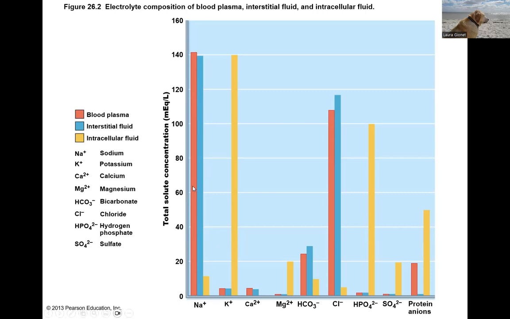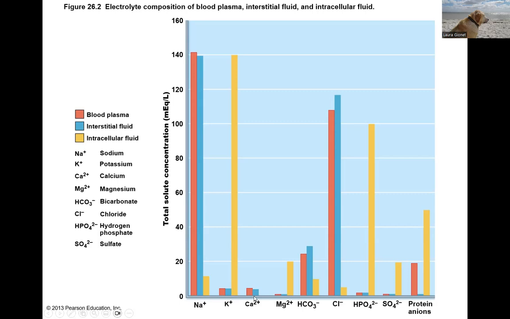So here, looking at sodium, it's very low inside the cell in gold, so you would expect the levels in the blue and red regions outside the cell to be very high. Potassium is going to be the opposite: very high inside the cell, low outside the cell. Right?